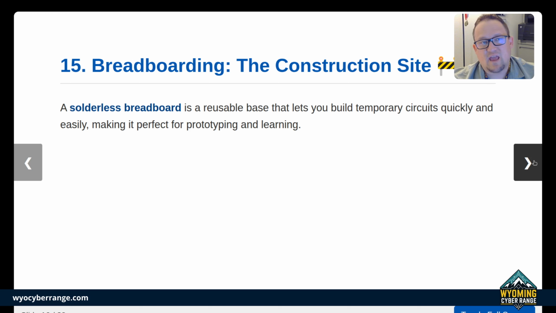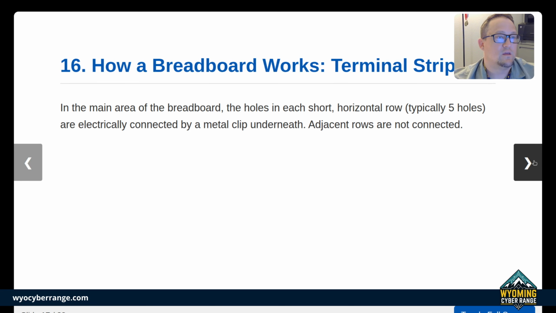And in Appendix A of this book, you'll notice that there is a pretty good section that shows you pictures of breadboards and shows you the schematics of how the trails are actually put together. So initially, you're going to find the terminal strips. The terminal strips are the horizontal rows on the side of your breadboard.